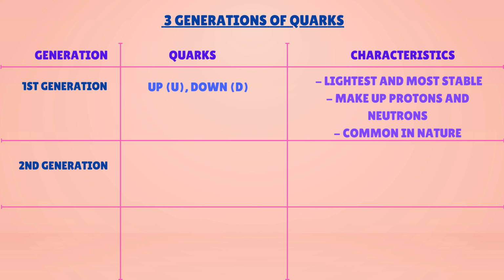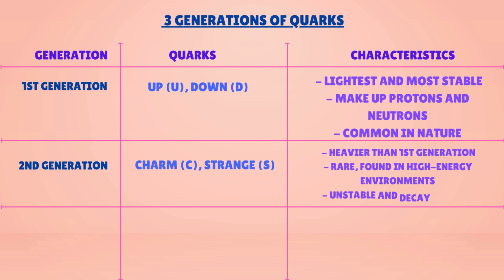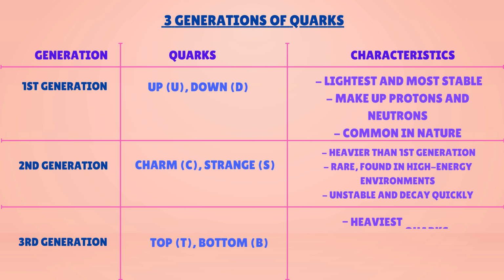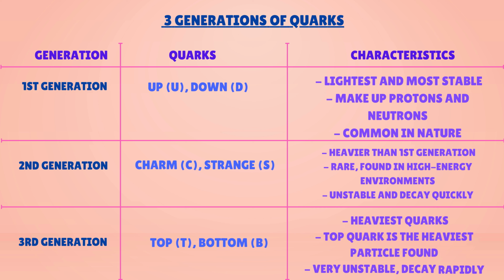Second generation, the heavier ones: next, we have the charm and strange quarks. These are heavier and not found in everyday matter. They show up in high-energy places like particle collisions. Third generation, the heaviest ones: finally, the top and bottom quarks are the heaviest. The top quark is the heaviest particle we've ever found. These quarks are very unstable and decay quickly.